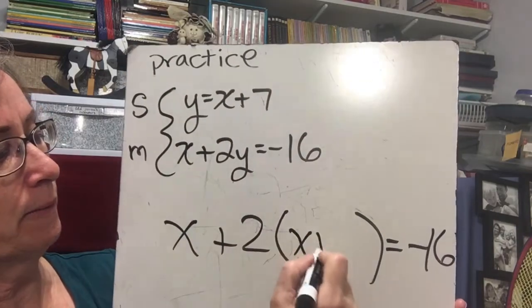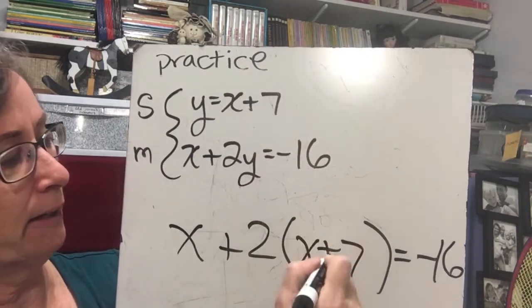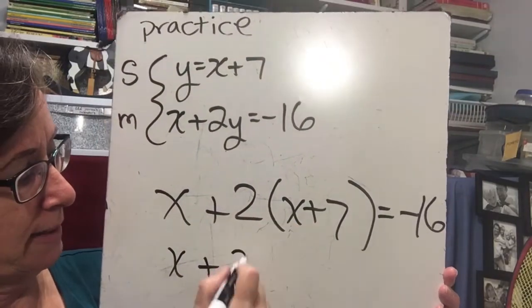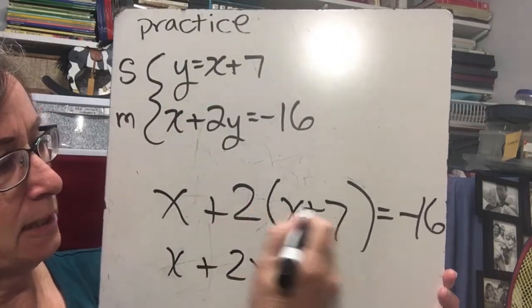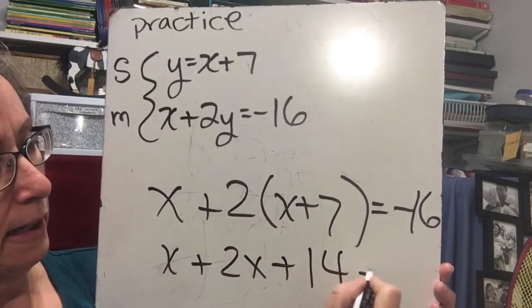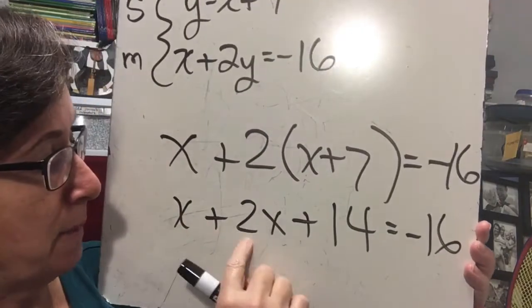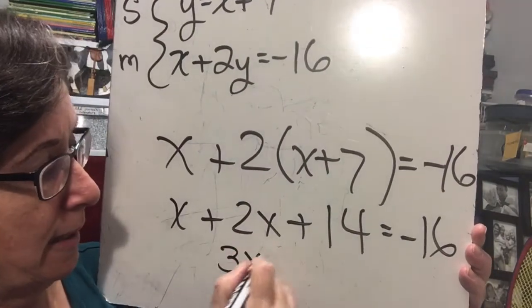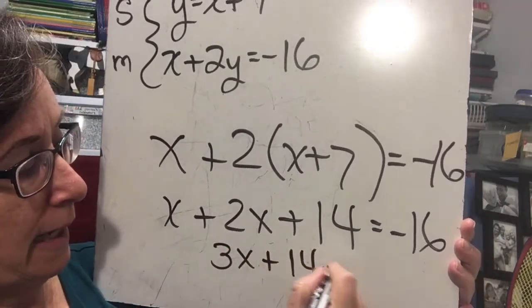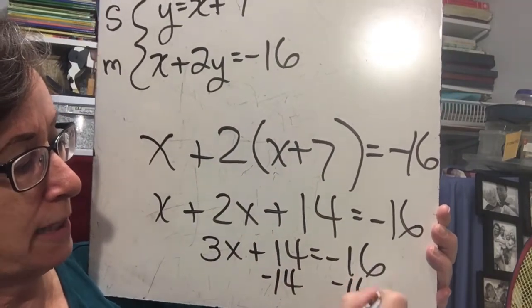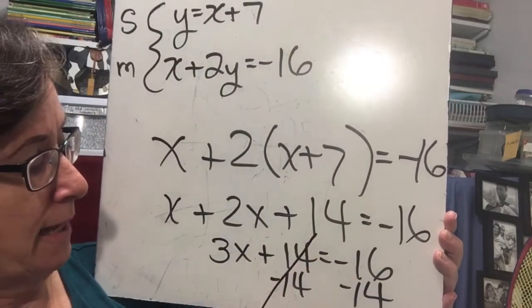X plus 7 is going right in there. X plus 2x plus 14 equals negative 16. So now we have x plus 2x is 3x plus 14 equals negative 16 minus 14 minus 14. This cancels.